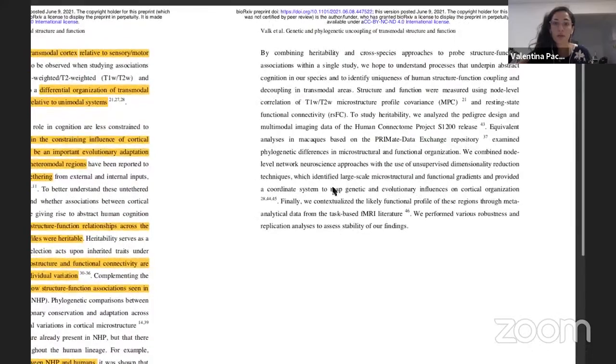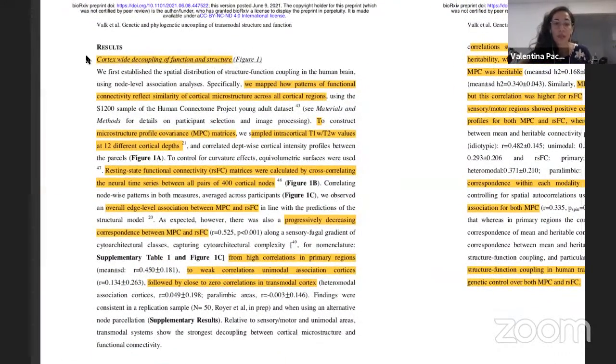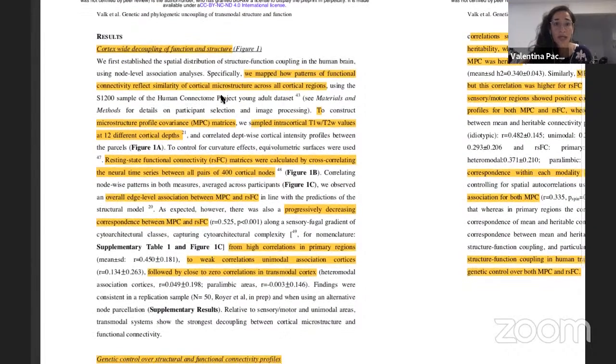So let's go to the study. The first step, as I was saying before, is to observe the coupling between the function and the structure of transmodal and unimodal systems. To do so, the authors computed the maps of functional connectivity and cortical microstructure.